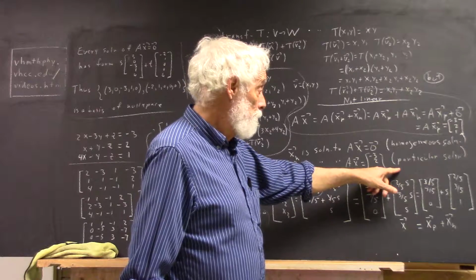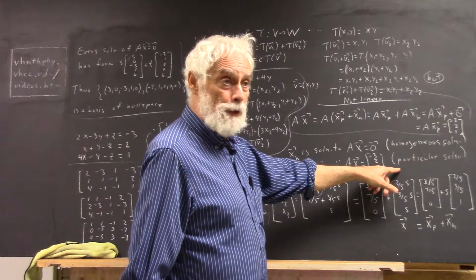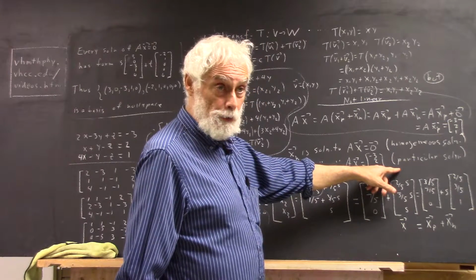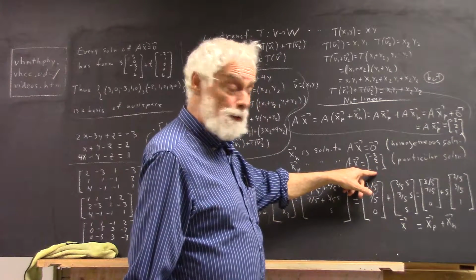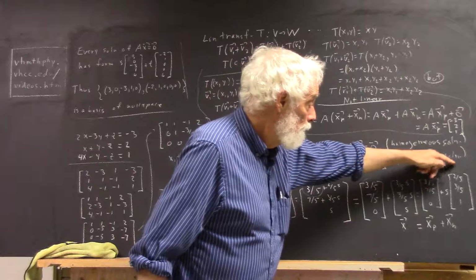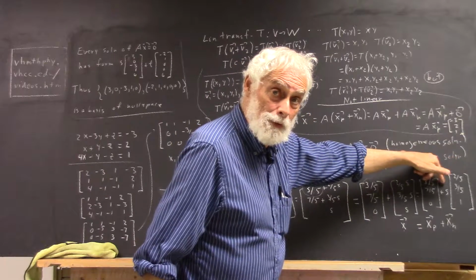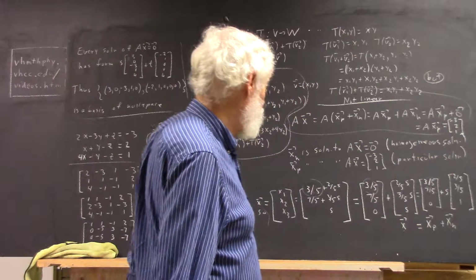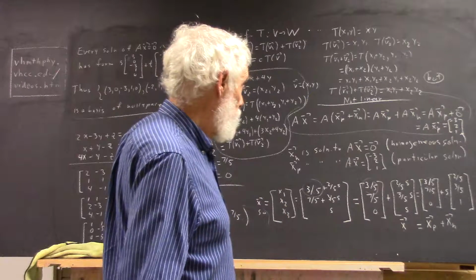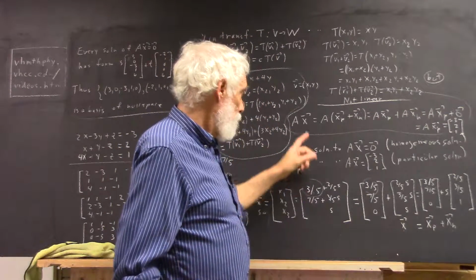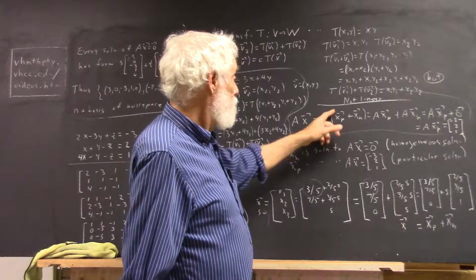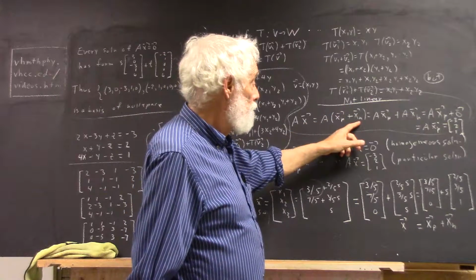It doesn't matter what particular solution we use, because any other particular solution will differ from this one by a solution to the homogeneous equation. That's worth stopping and thinking about. So we say then that AX is A times (XP plus XH).